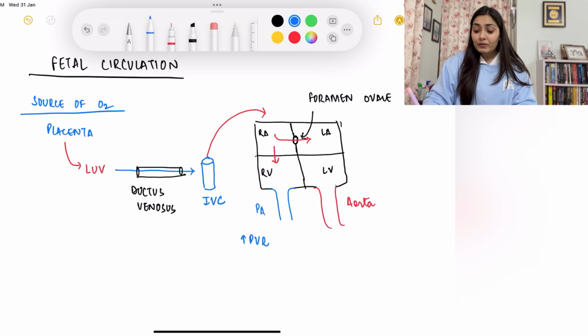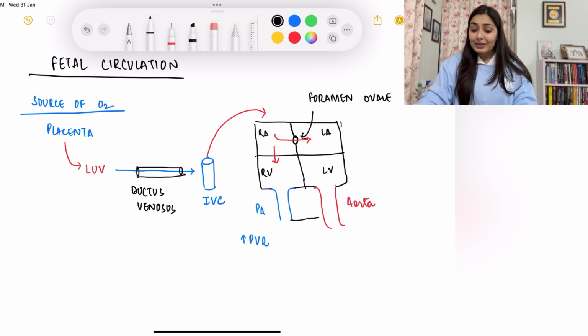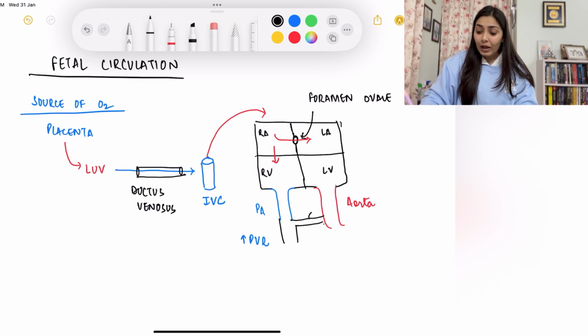So because of the high pulmonary vascular resistance, all of the blood in the pulmonary artery is diverted to the left side, to the aorta, again through a duct. The duct joining the two arteries, the pulmonary artery with the aorta, is known as the ductus arteriosus.